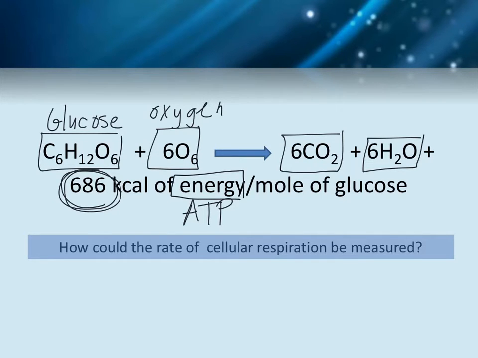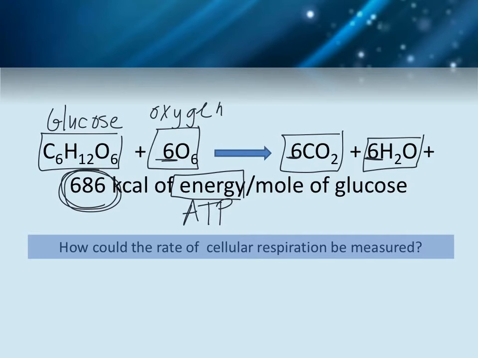The reason there are some numbers or coefficients in front of these molecules is that this is a balanced reaction the way it's written. So with that in mind, the question down below says, how could the rate of respiration then be measured? How could we figure out how fast respiration is happening?